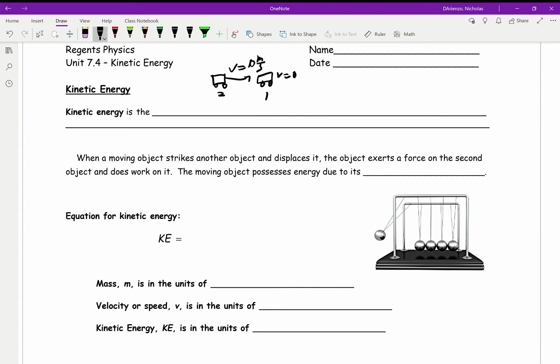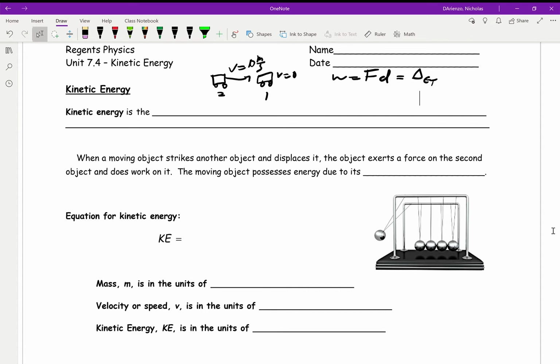As long as that car moves some distance, we know that there's going to be work done on that vehicle as car 2 provides a force to move car 1 some distance. We know that this is due to the change in total energy. So the amount of kinetic energy that car 1 gains is equal to the work being done on it by number 2.